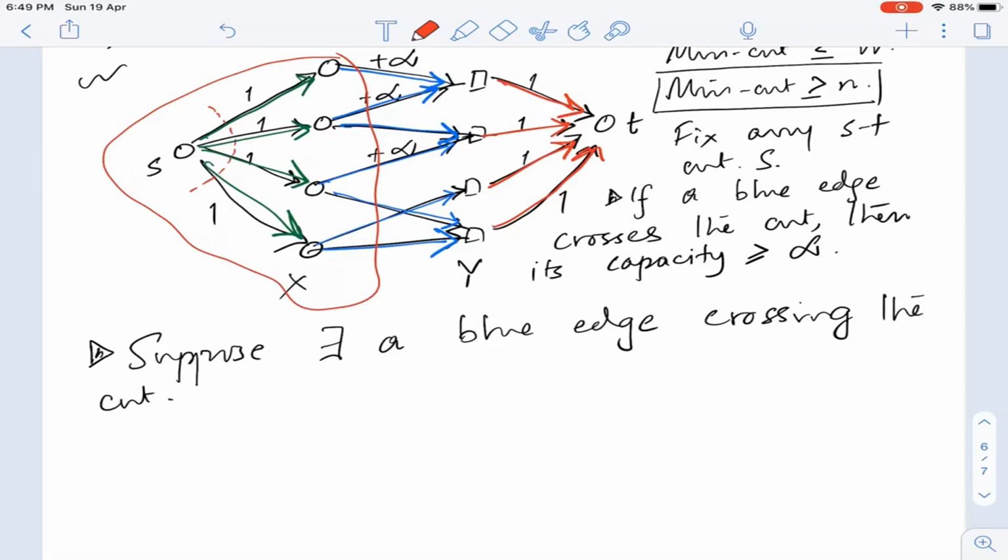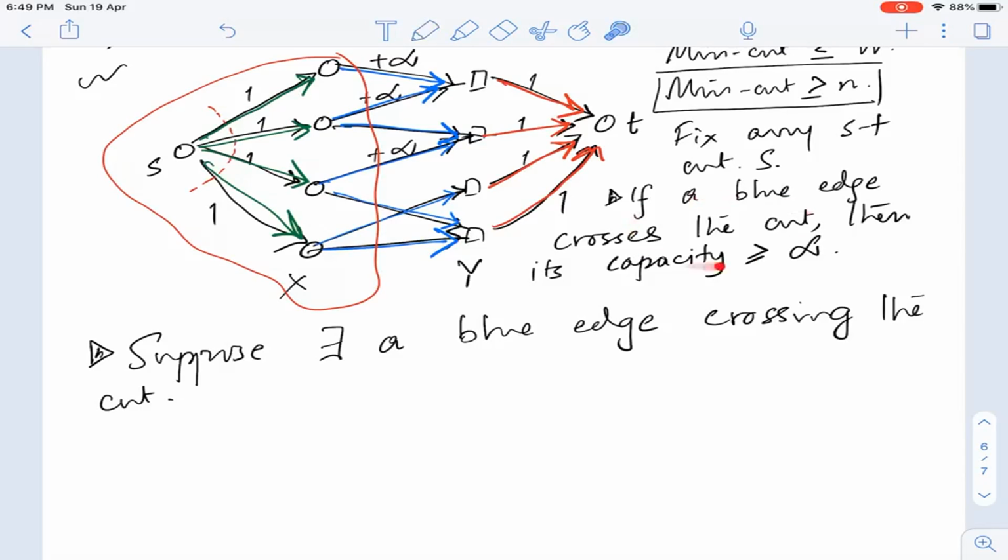Now the point is that if you give me this cut, then I will say that I am done readily. I don't have to do anything at all. Why? Well, because there are these blue edges crossing this cut. So even if one blue edge crosses the cut which you gave me, then I can readily conclude that the cut size is at least infinity. So I have nothing to prove really for those category of cuts.